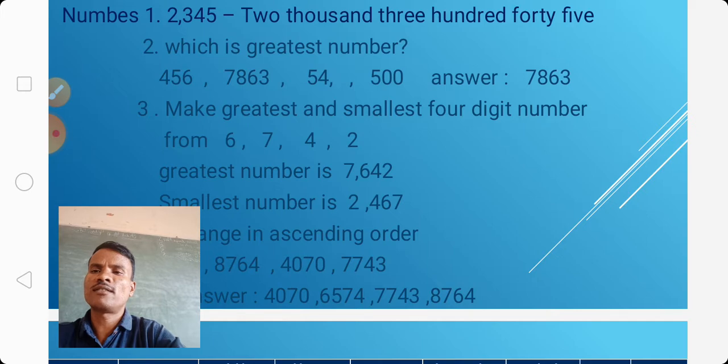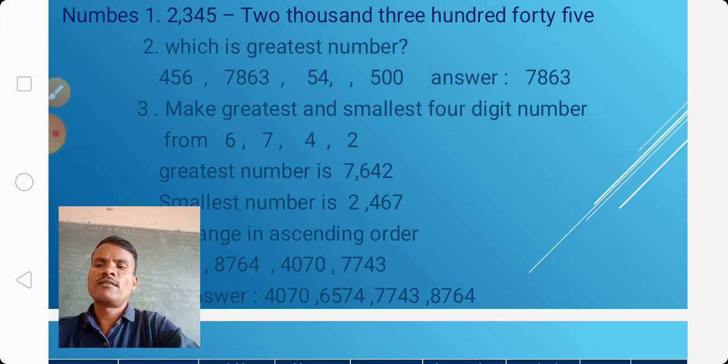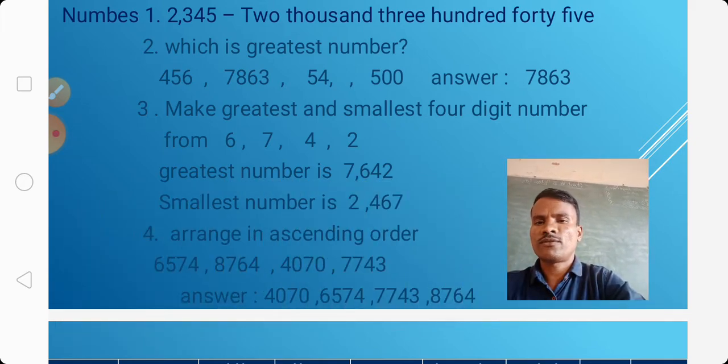Here 7 is the biggest digit, so we take 7, then smaller is 6, then smaller is 4, then 2 is the smallest. That's why the greatest number is 7642. Then we frame the smallest number. For the smallest number, first take the smallest digit, that is 2, then 4, then 6, then 7. So the smallest number is 2467.